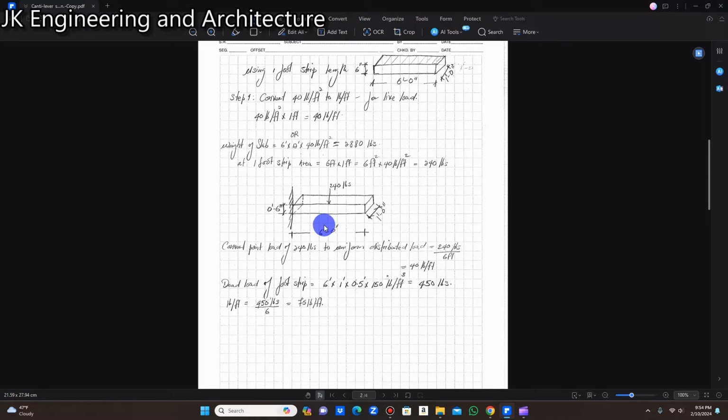So the weight of the slab, which is the dead load, is going to be 6 feet times 12 feet times 40 pounds per square foot, which is going to equal 2,880 pounds. Right?